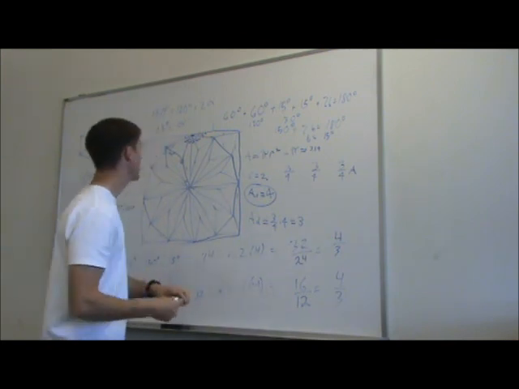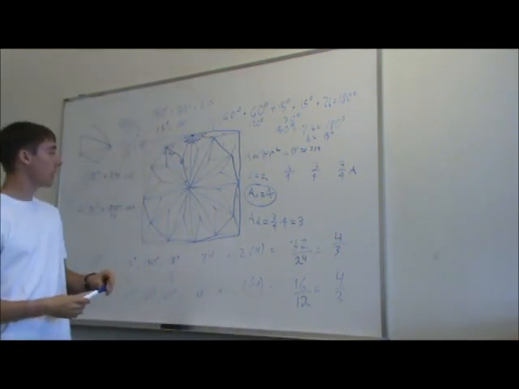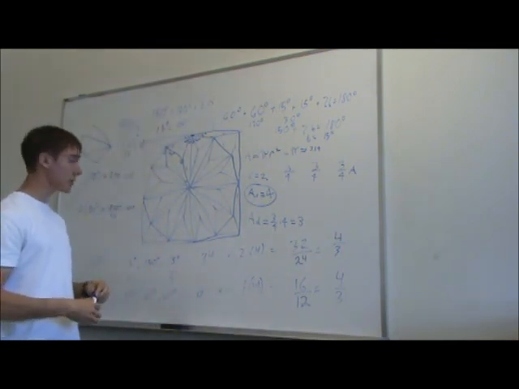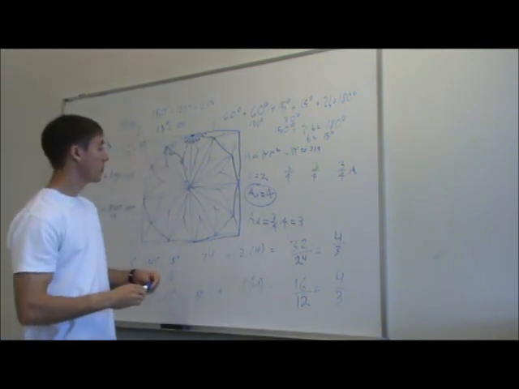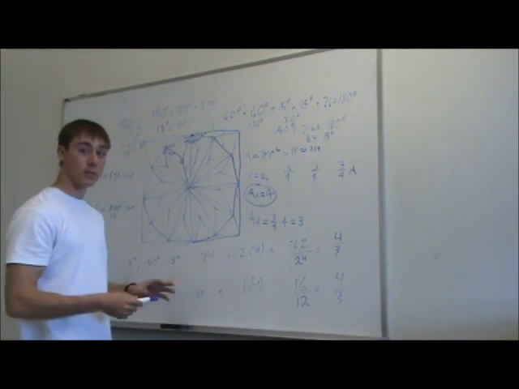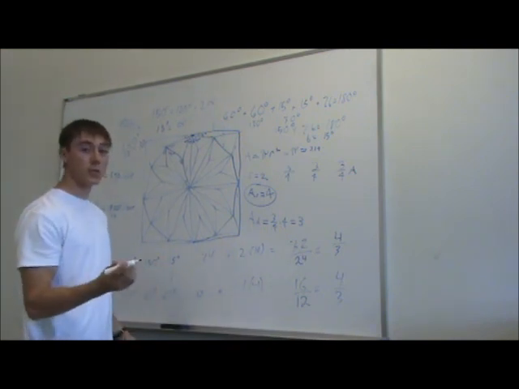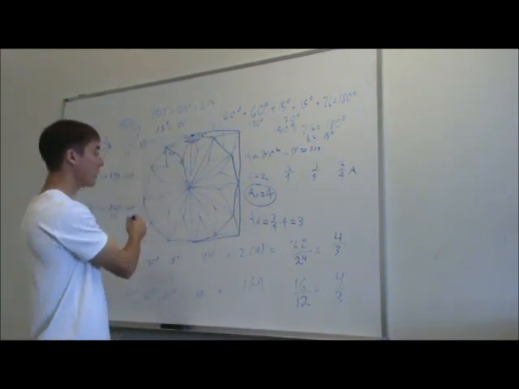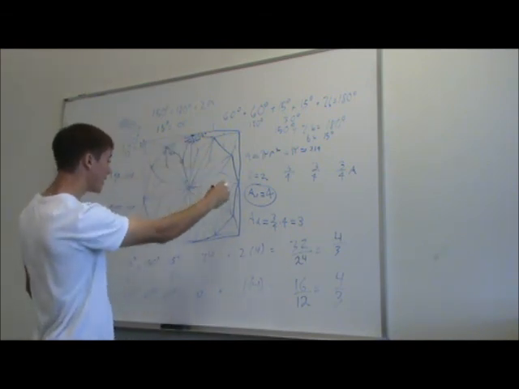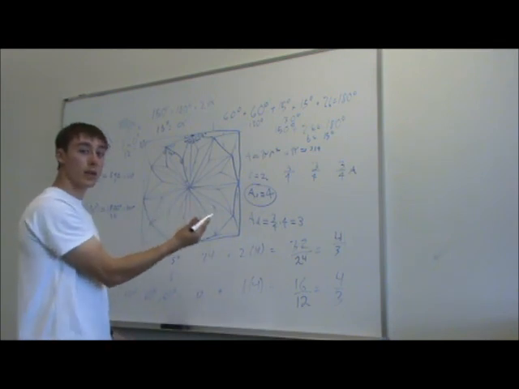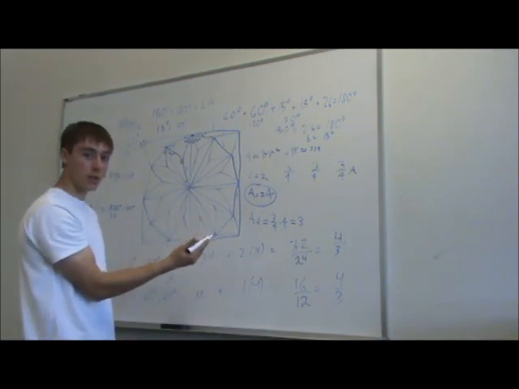So look what we did here. We started with a dodecagon inscribed in a circle. Pretty complicated. But what did we do? We broke it down. We were able to say, all right, well, instead of using the circle, we can make a square, which is much easier to deal with. And instead of dealing with this complicated dodecagon, we can break it up into triangles that are easy to deal with.